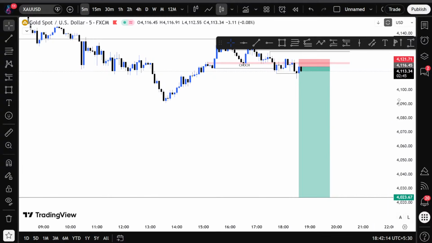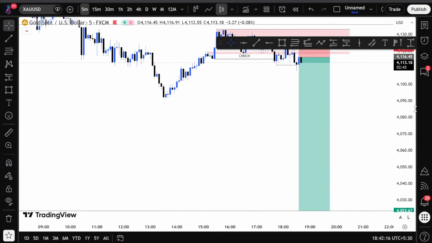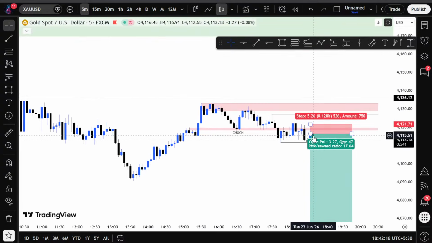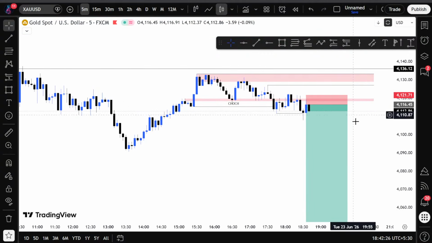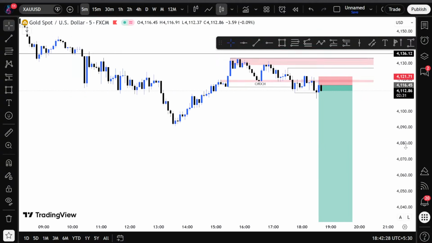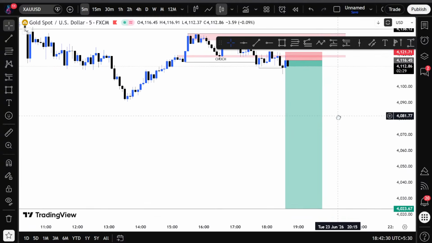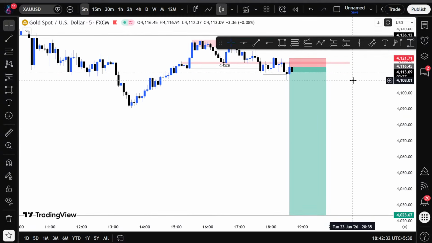Can we sell now? We are already in sell, guys. I have already told you, if this candle does not close above, we will sell on the next candle opening with a stop loss above our red zone. We are already in sell and price is dropping. This will be its first target, 4108.